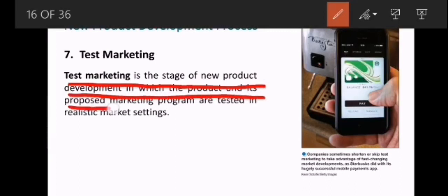The seventh step is test marketing. Test marketing is the stage of new product development in which the product and its proposed marketing program are tested in realistic market settings. Companies sometimes shorten or skip test marketing to take advantage of fast-changing market developments.